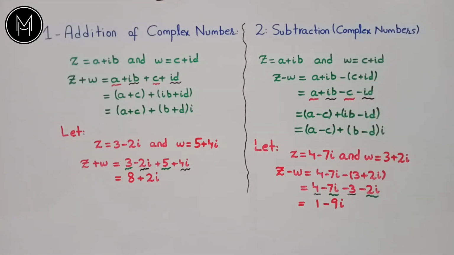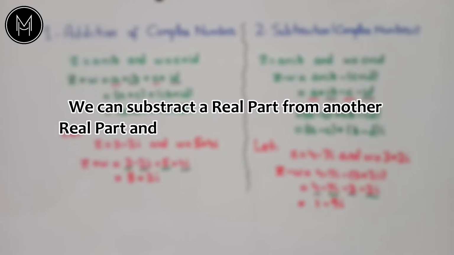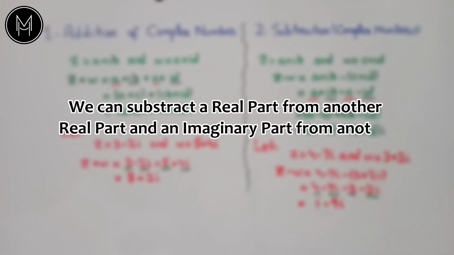Now for subtraction, again there is a method, that is we can subtract a real part from another real part and an imaginary part from another imaginary part. Means it is not possible to subtract a real part from an imaginary part or an imaginary part from a real part.